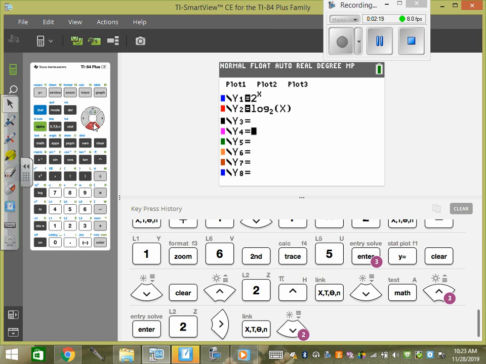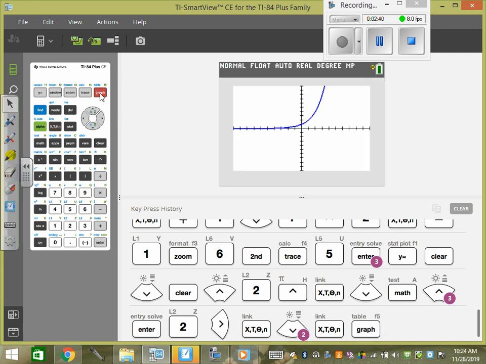And then I'm going to put in the line y equals x, because that's the identity line, and they should reflect on it. I just picked the pink one instead of the black one. It's a better color, because I think it's even more noticeable. So blue is going to be your exponential, red is going to be your log, and they should reflect on the pink one. So that's your identity line.